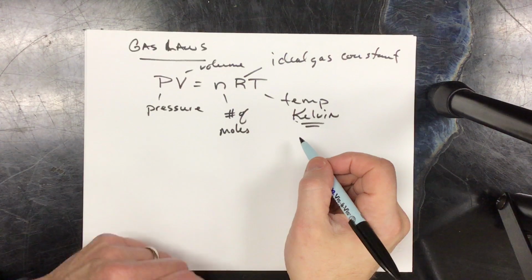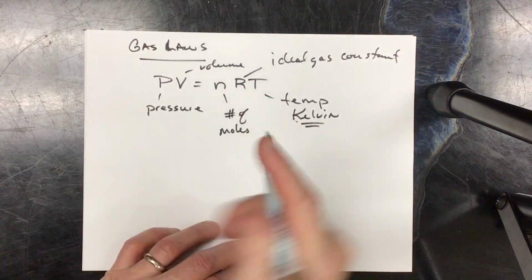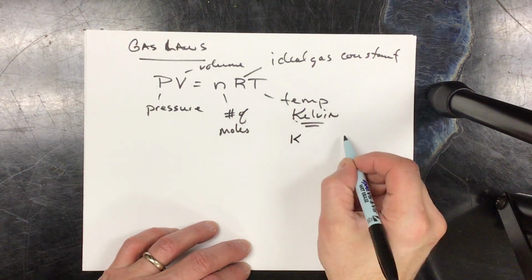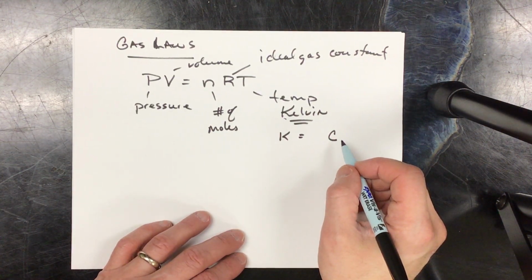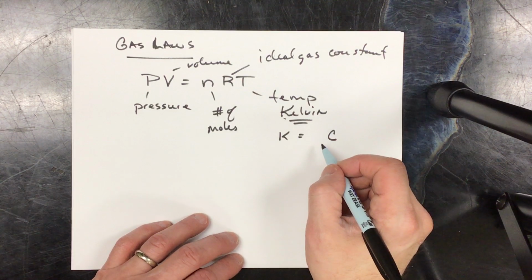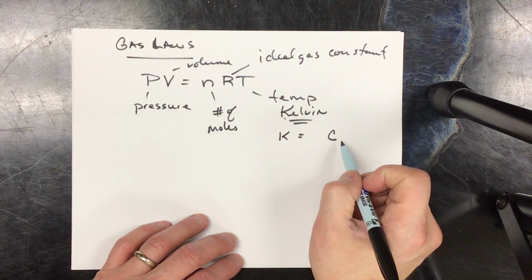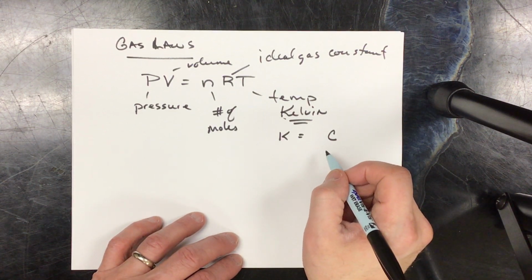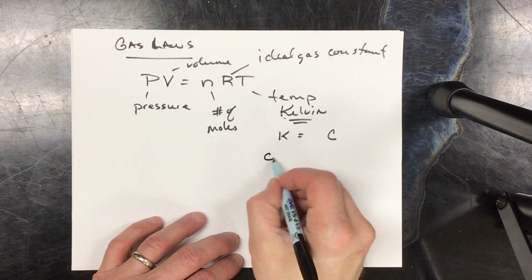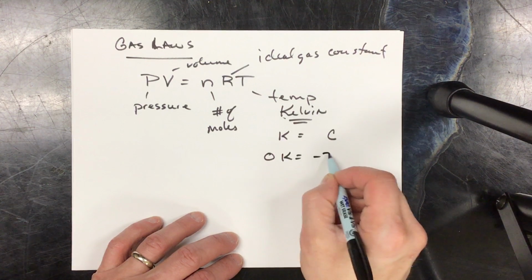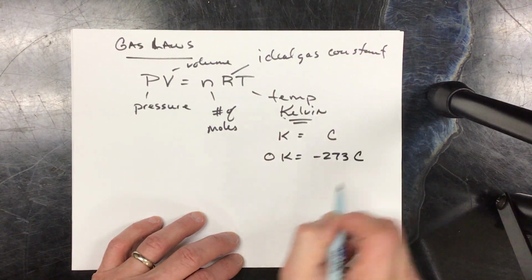Remember then to go between the two, Kelvin and Celsius temperature: when we think of absolute zero, it's 0 Kelvin, so you have negative 273 Celsius.